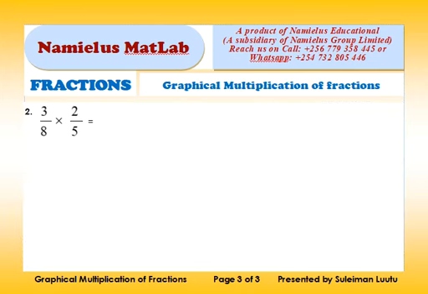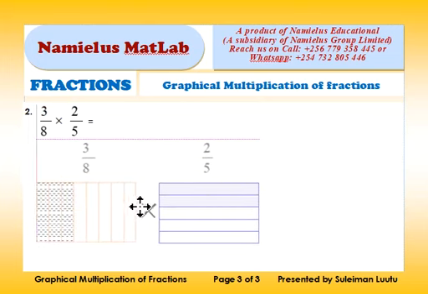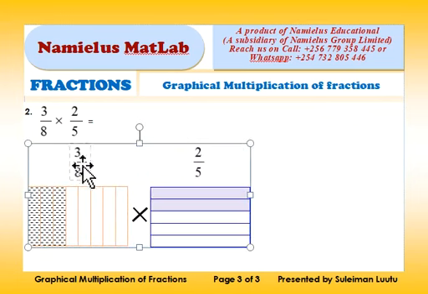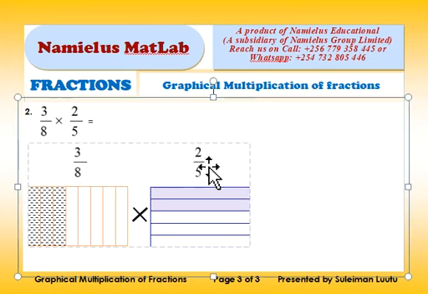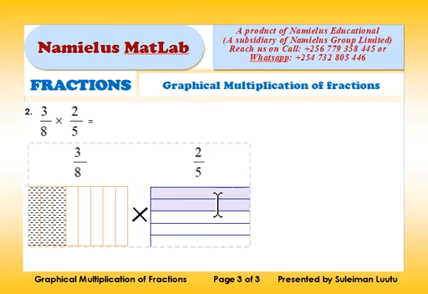Number 2, we are going to multiply 3 out of 8 by 2 out of 5. So we are having our graphical presentations as you see them here. This is 3 out of 8. This is its representation. And then 2 out of 5. This is its representation, 2 out of 5.